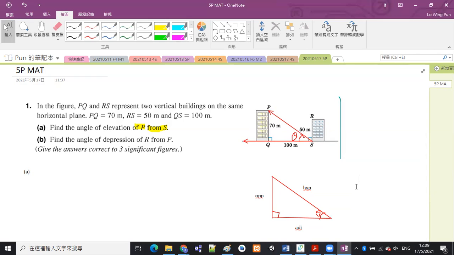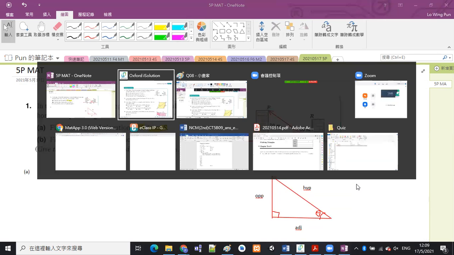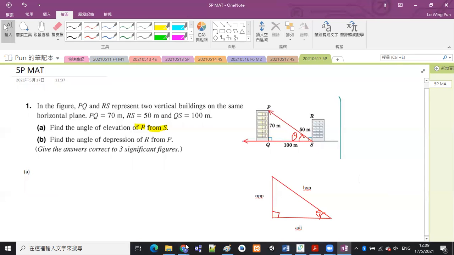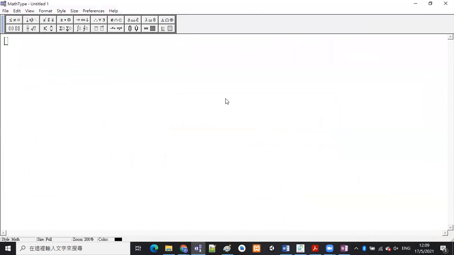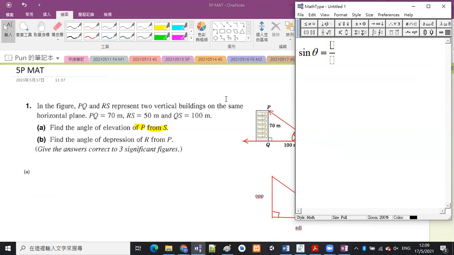Okay, so let's try this. We need to set up the sine, cosine, or tangent theta equation. Just write this down. Sine theta is equal to opposite side over hypotenuse. Cosine theta is equal to adjacent side over hypotenuse. Tangent theta is equal to opposite side over adjacent side.